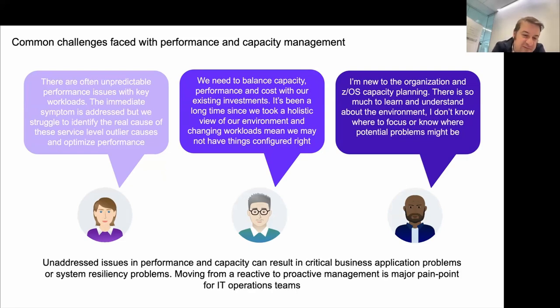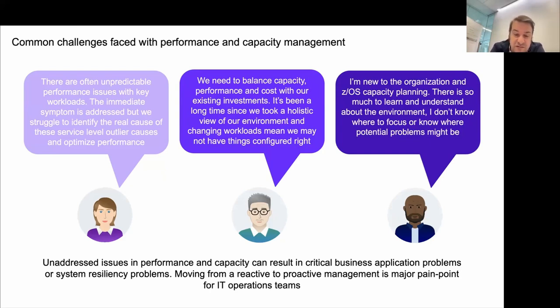So when you have unaddressed issues in both performance and capacity, that may be a short-term issue that can be resolved quickly, but it actually results in business application problems or perhaps resiliency problems, which ultimately could affect the business efficiency and ultimately customer satisfaction in terms of supporting the actual business goals.